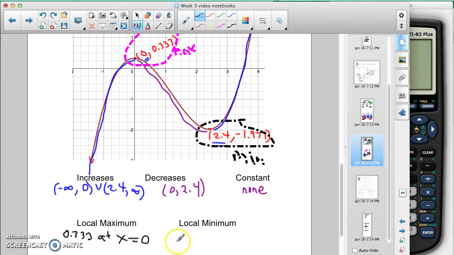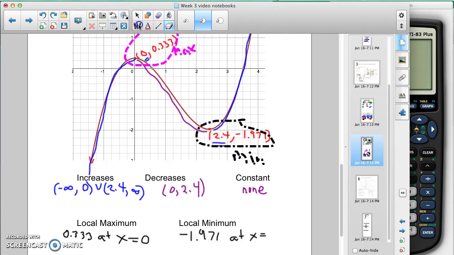Now our local minimum value is going to be negative 1.971 at x equals 2.4.